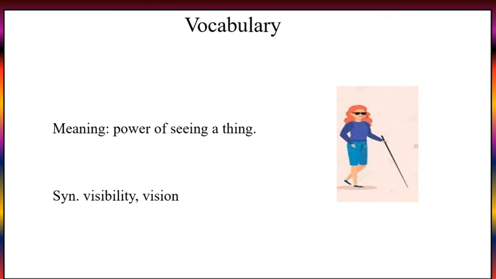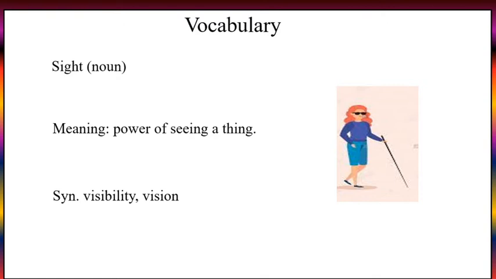Next one is, you see a blind woman. She has lost her eyesight. So today's next vocabulary is about this, that is sight. Sight has different meanings. This is also a noun. That means power of seeing a thing. Synonym is visibility or vision.